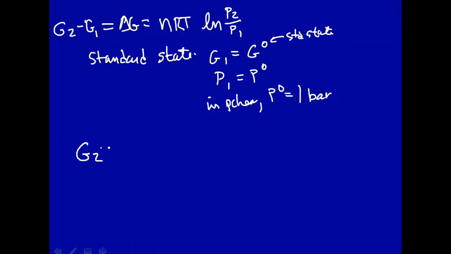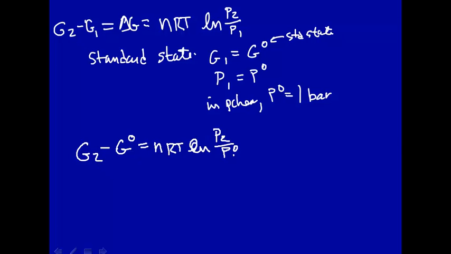So G2 minus G0, that's equal to nRT times the natural log of P2 over P0.